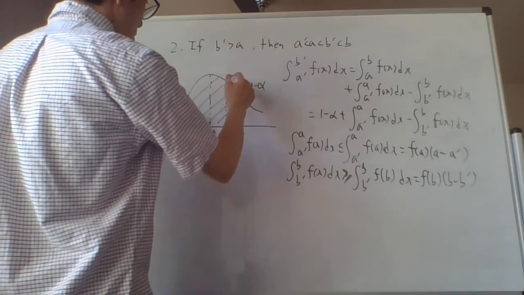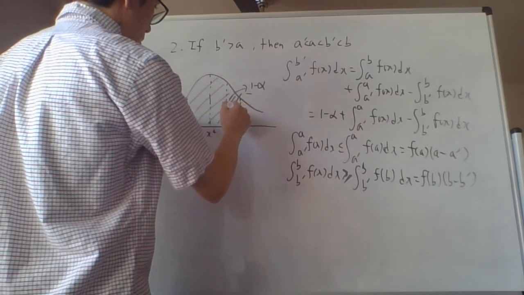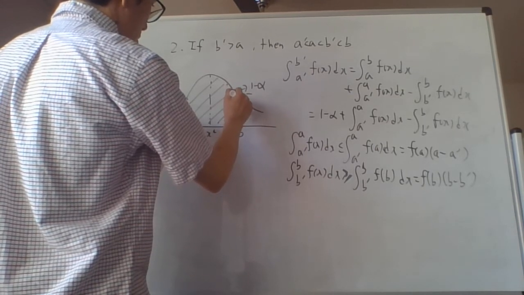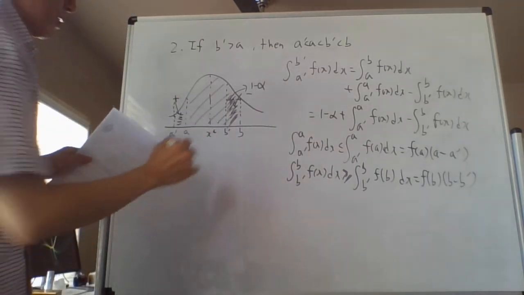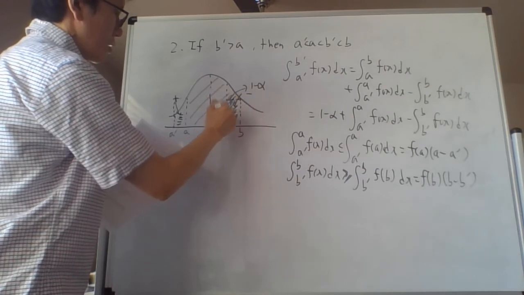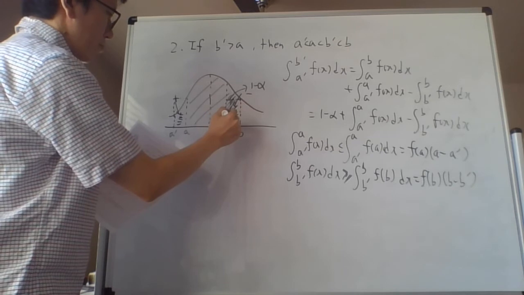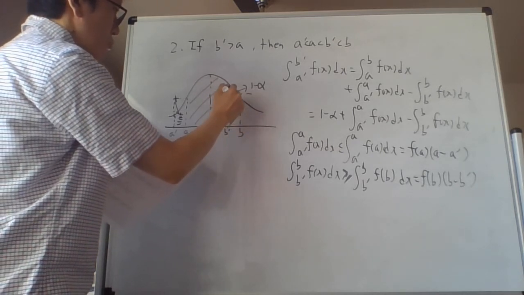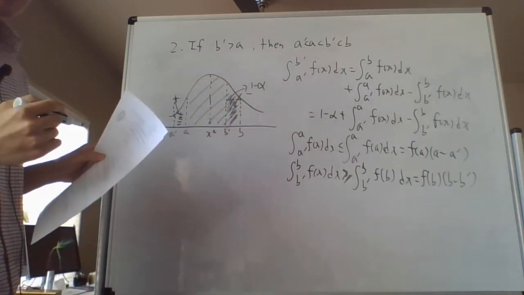So this part is bigger than the rectangle based on f(b) and b prime and b. You can see that this rectangle having the sides b minus b prime and f(b) has an area smaller than the area under the curve between b prime and b.